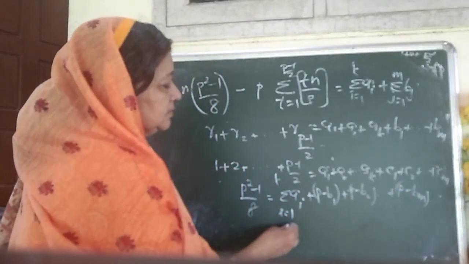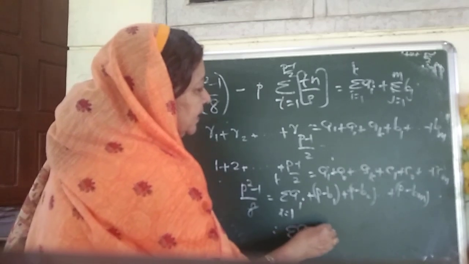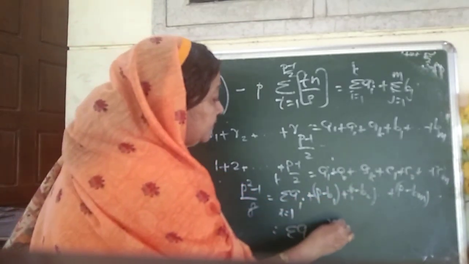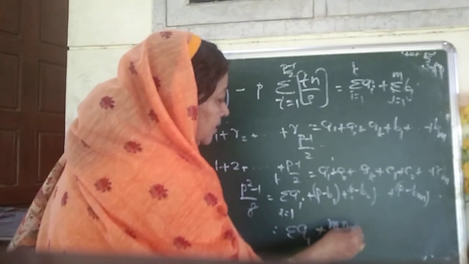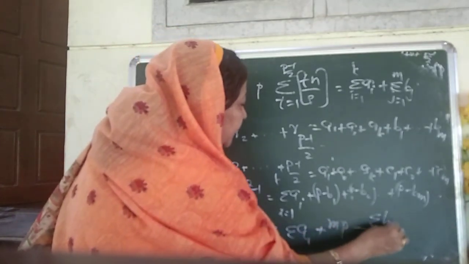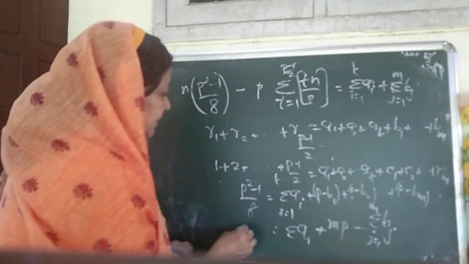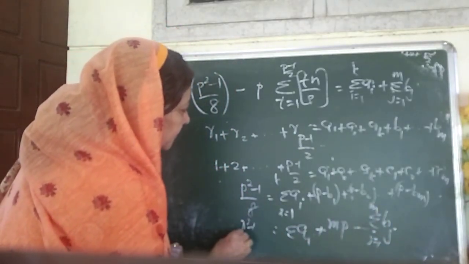That is equal to sigma a_i plus p, how many times? m times. So it is m into p minus sigma b_j for j equal to 1 to m. That is (p square minus 1)/8.